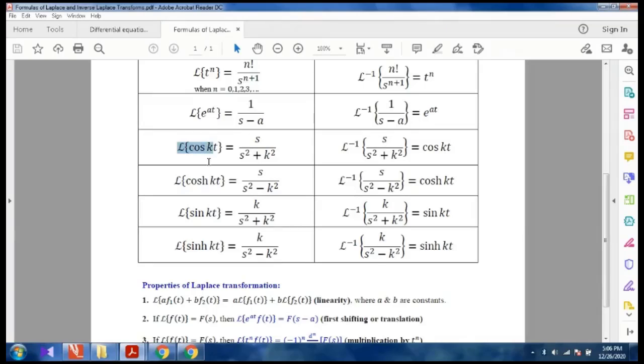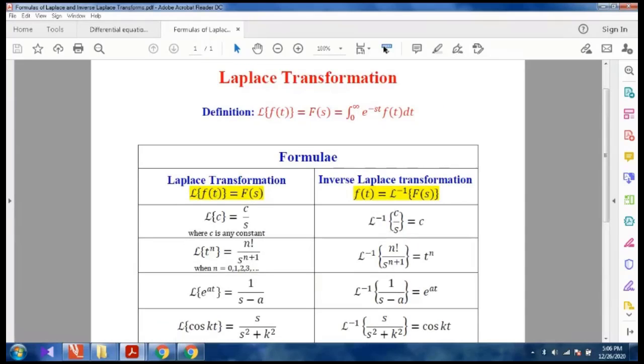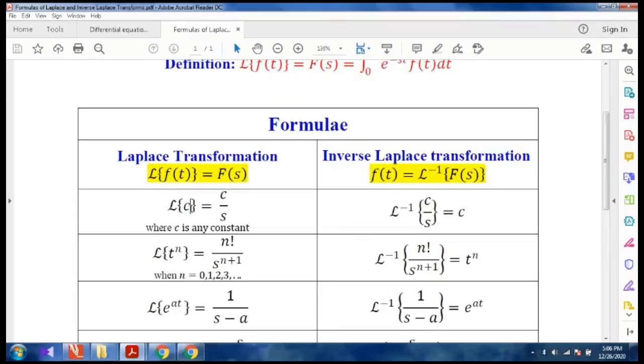The similarity of cosine and hyperbolic cosine is, you can see that here we have plus and here we have minus. Similarly for sine and sine hyperbolic, plus, minus, but the formula is same. So Laplace transformation of a constant is constant by s.